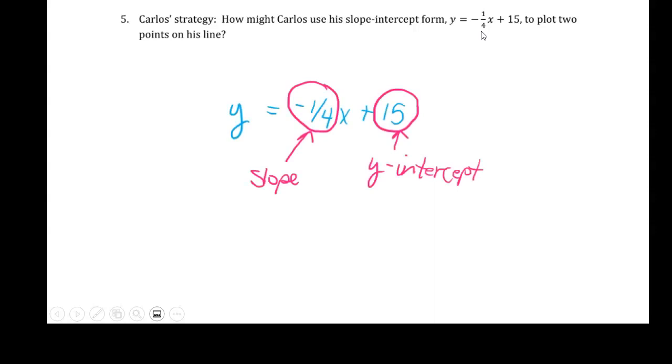The slope of a linear equation represents a rate of change, such as the exchange rate between cats and dogs. And so in this equation, we know that our slope is negative 1/4, and our y-intercept is positive 15.